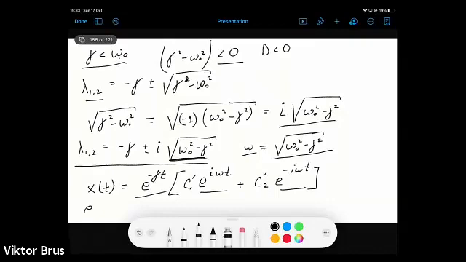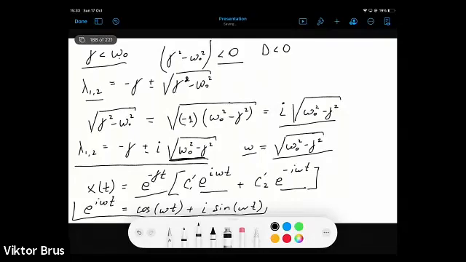So we can write that exponent in the power I omega t can be represented as cosine omega t plus I times sine omega t. So this is Euler's formula, and we will need to use it in our consideration. But it will be a little bit later.